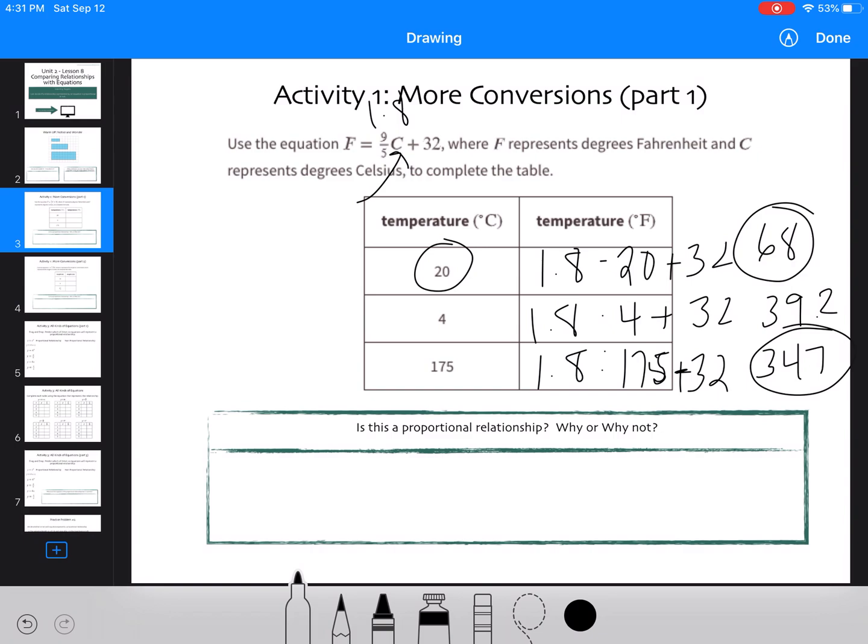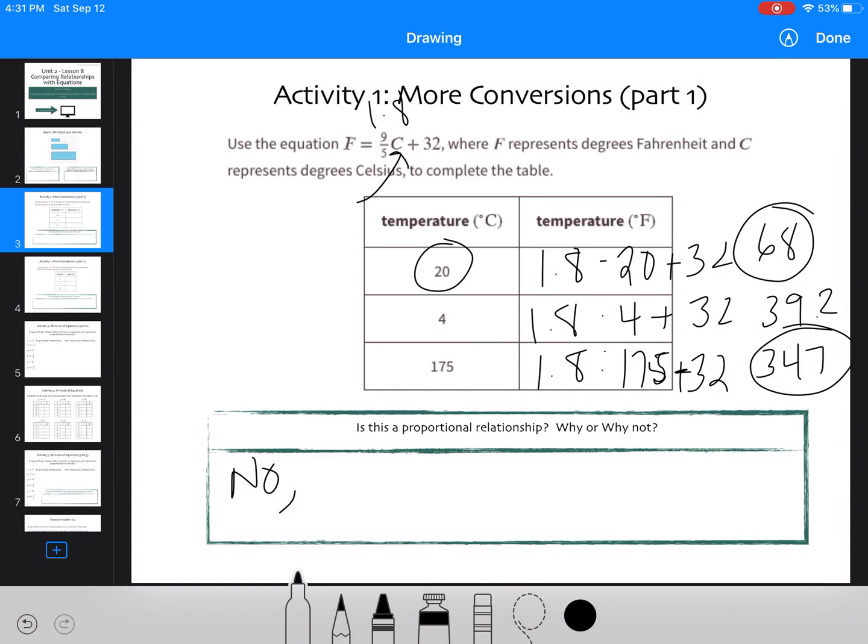Is this a proportional relationship? Why or why not? No. It's not going to be a proportional relationship, because each time it's not the same number of degrees Fahrenheit.